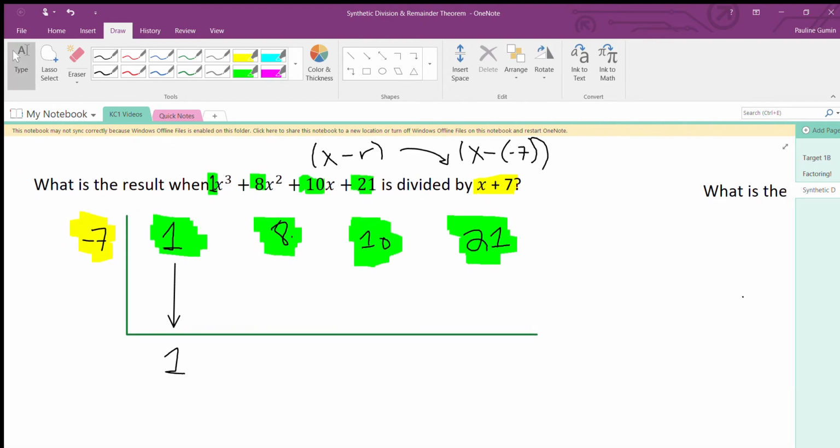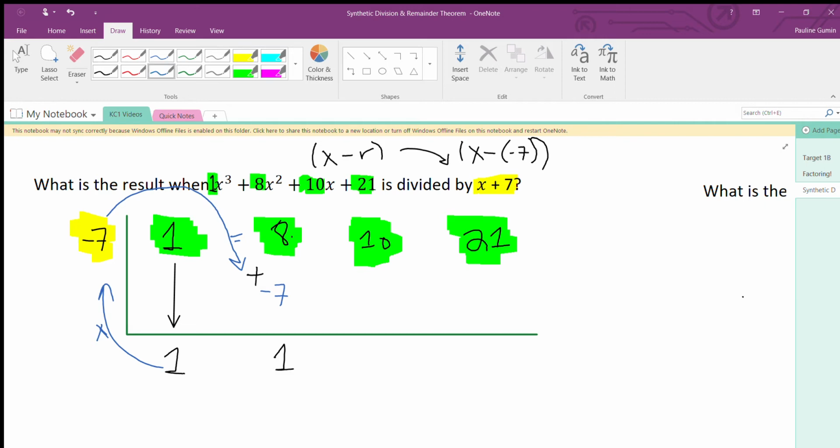Okay, next step is multiplication. We take 1 and multiply it by -7. Whatever number was there, that's what I'd multiply. And then I put the answer underneath the 8, -7. Then I add them, going up and down. 8 plus -7 is +1.